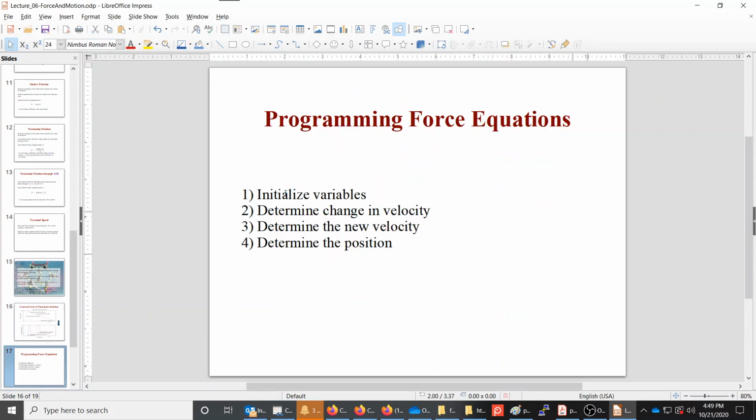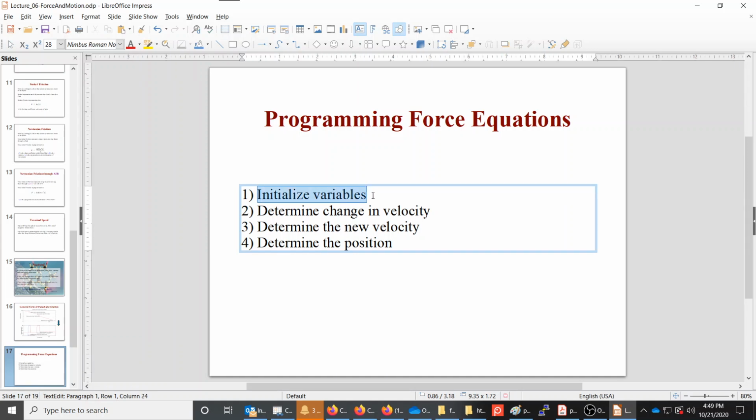All right, so what we have to do, like all the time, is initialize our variables, and then, this is the new part, we're going to have to determine the change in our velocity, and we're going to have to use if statements to find what that velocity is depending on the situation.